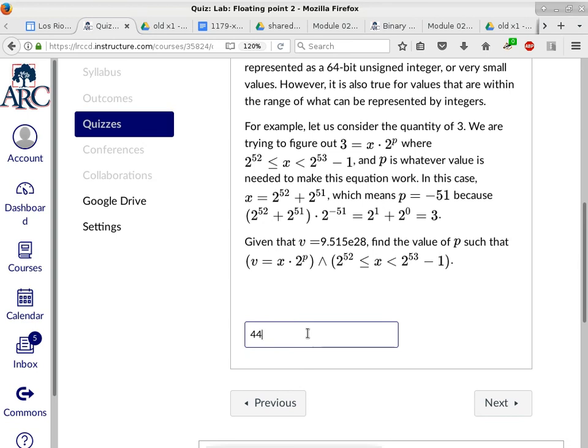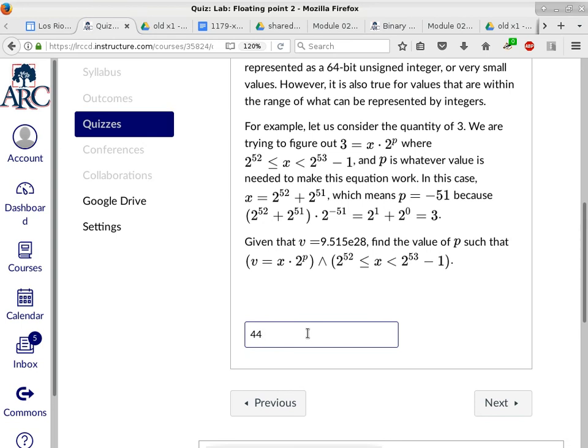If you try to add any quantity that is less than 2 to the power of 44, it's just 0. Makes sense. And that is kind of important because if you actually need to add these types of values, you have to be aware of when it just goes away, disappears.